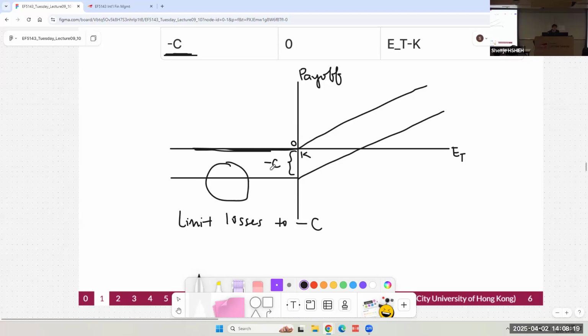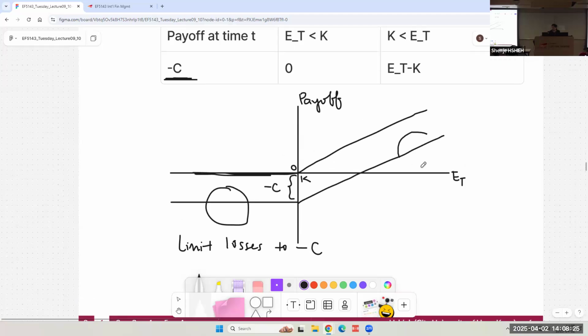Your cost is just C. So it's not infinite. But you also get exposure to large increases in E_T.